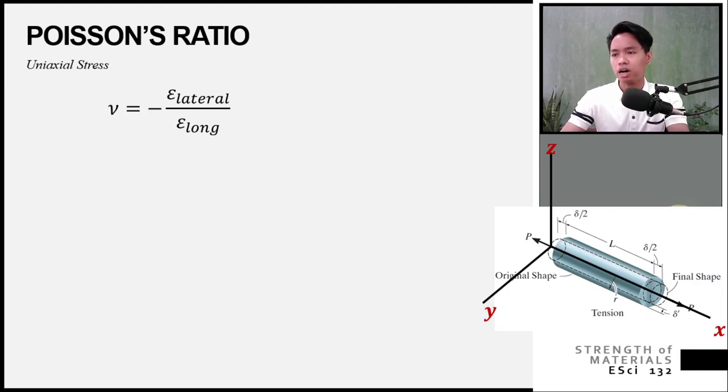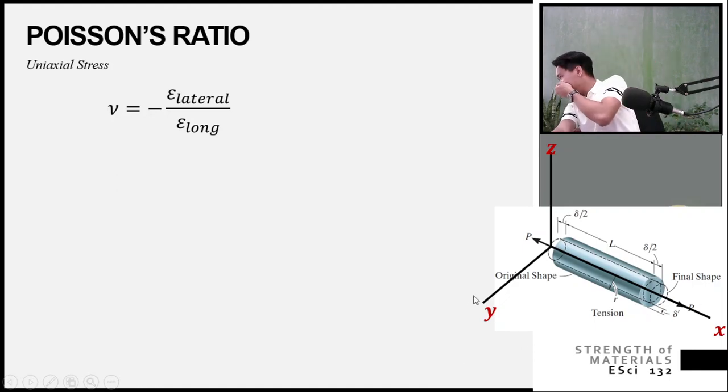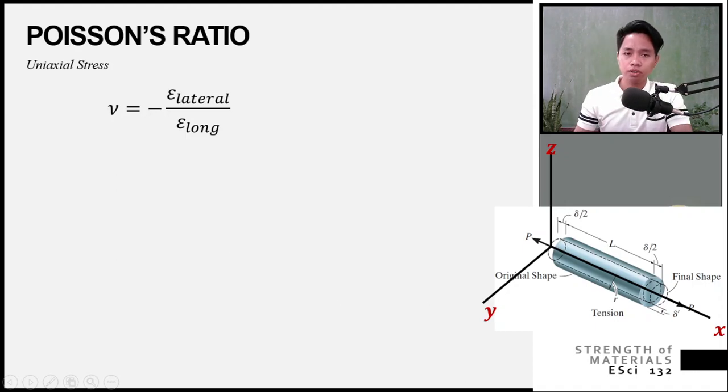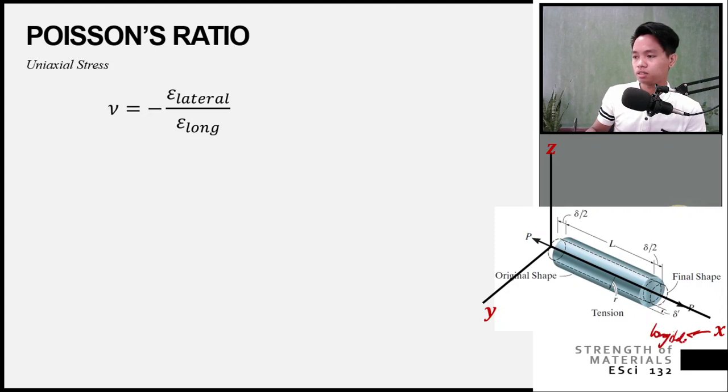Okay, so for example, this is still the same. We have here your rod. Sorry. Your x-axis would be your longitudinal axis, right? So the first data that you can solve here is the strain along the longitudinal axis. Since P is on the x-axis, automatically that becomes the longitudinal axis.